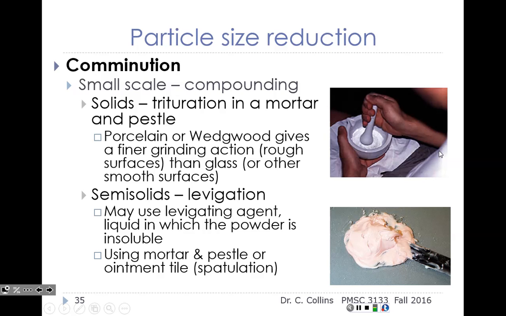Particle size reduction, a small scale, mortar and pestle, does good for solids. Levigation, this is a semi-solid in which you might be incorporating a solid or a viscous liquid into an ointment or a cream base. Sometimes you might use a mortar and pestle, but more often you would use an ointment tile.